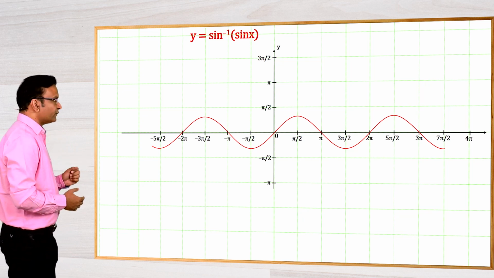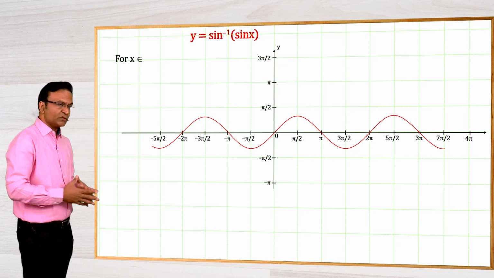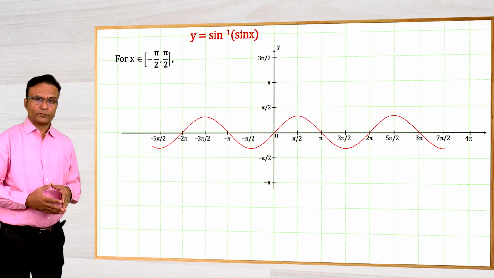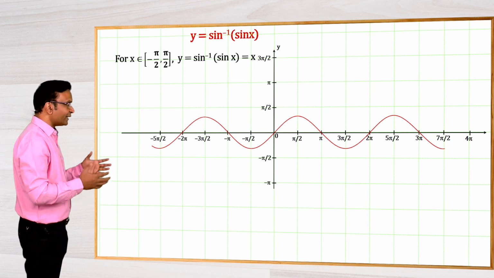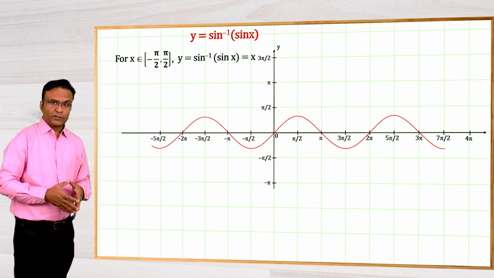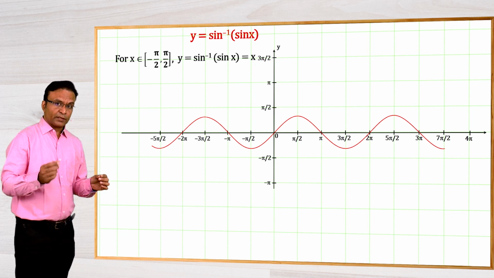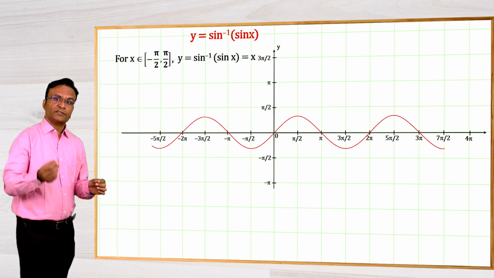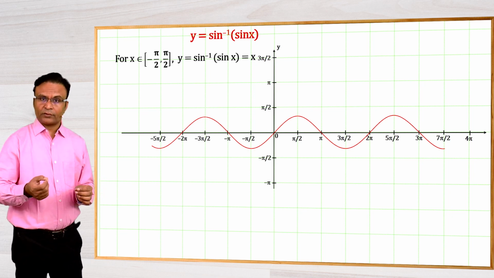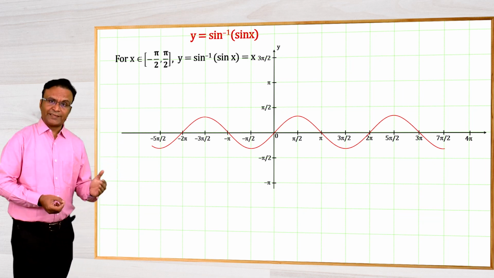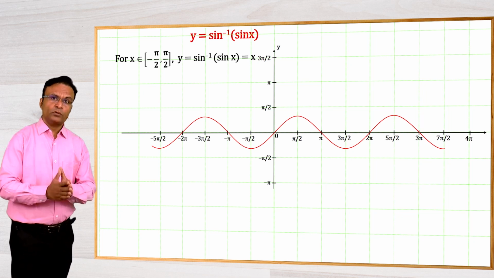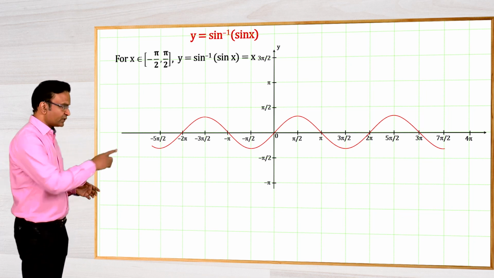We start with the interval x belongs to minus pi by 2 to pi by 2. For these values of x, sine inverse of sine x is x. That means in this region the graph of the function is the straight line y is equal to x. We know how y is equal to x is situated with respect to y is equal to sine x. It is like this.